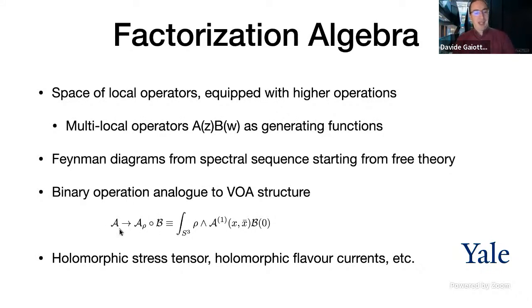You take an operator A, you do a descent to get the one form, you wedge it with some other form on space-time, and you integrate it on an S3 surrounding another operator. This gives you an infinite collection of symmetries of the theory for every operator. If you do the stress tensor, you get an action of Hamiltonian symplectomorphisms of C2.